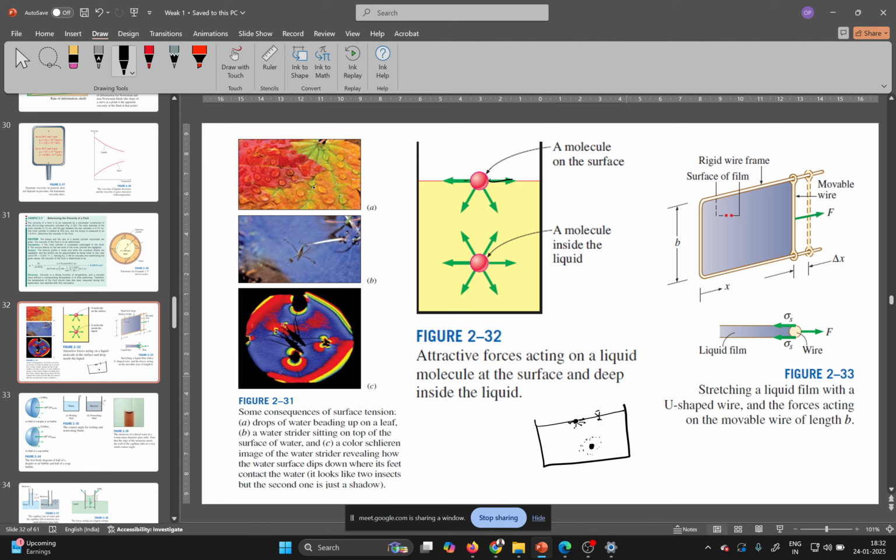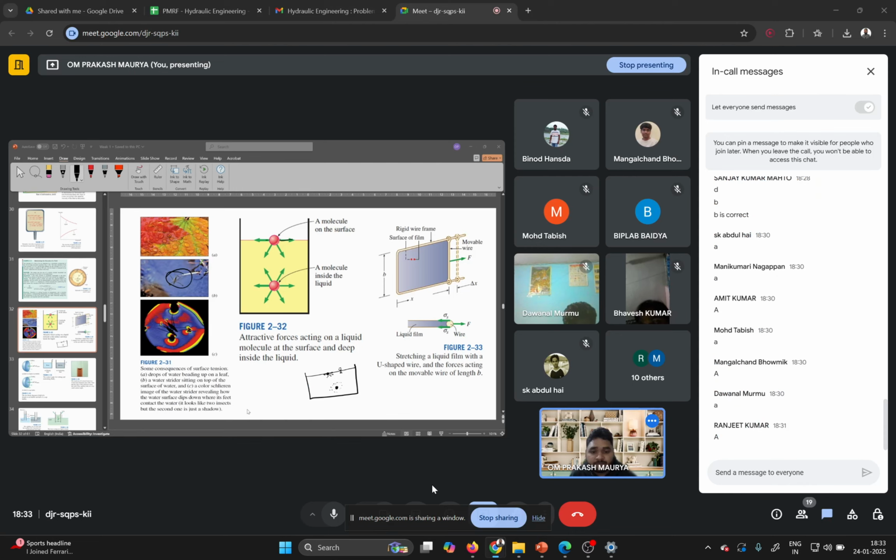That's why, in figure B, you can see an insect, a water strider, sitting on top of the water. Because of this surface tension, remember always, surface tension is due to cohesion. Now we'll move on to the next question.